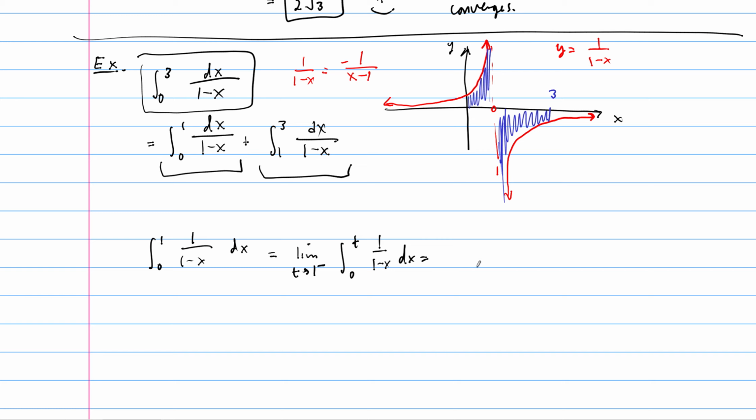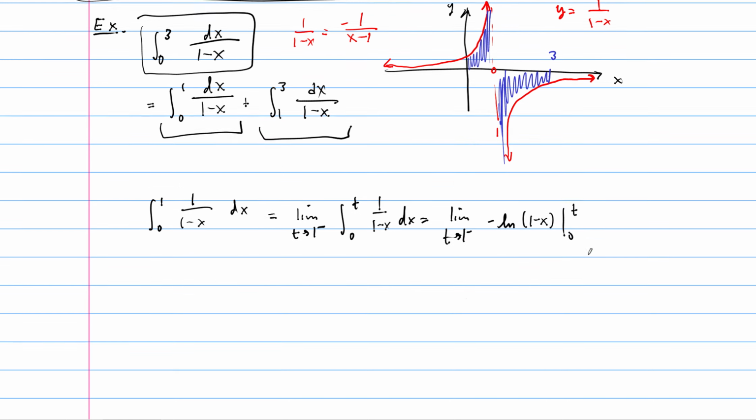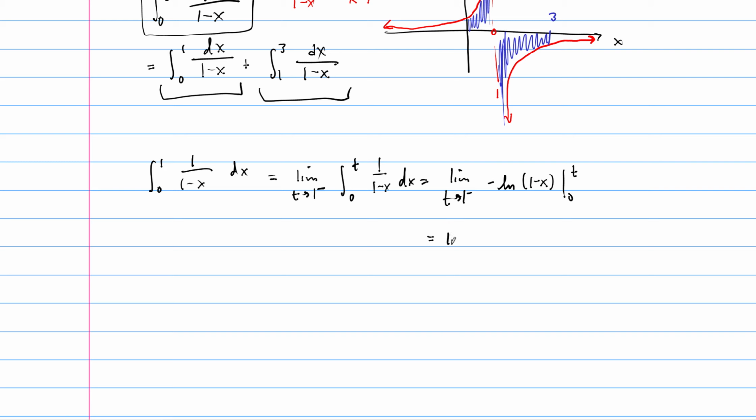And the antiderivative here is going to be negative log of 1 minus x, right? So this becomes the limit as t approaches 1 from the left of negative ln of 1 minus x from 0 to t, and then we just plug in.